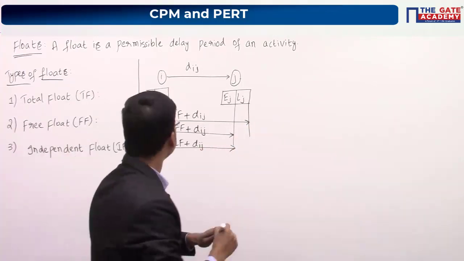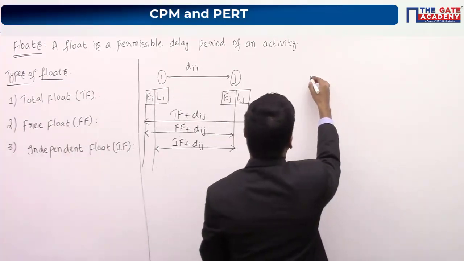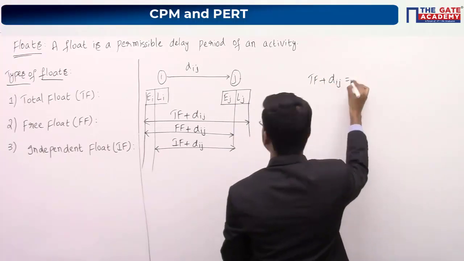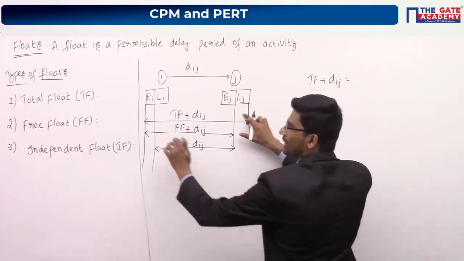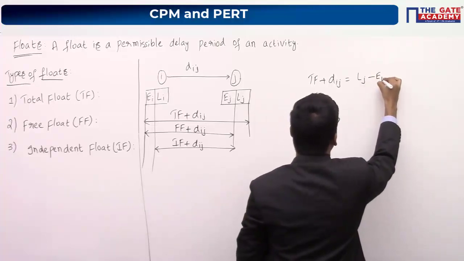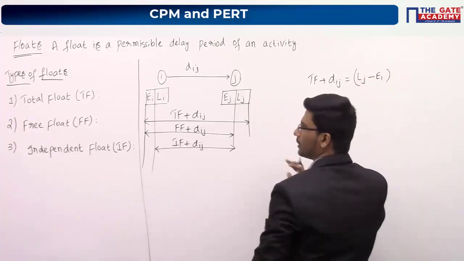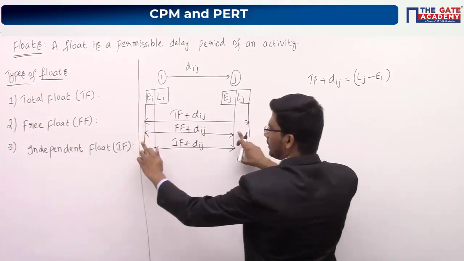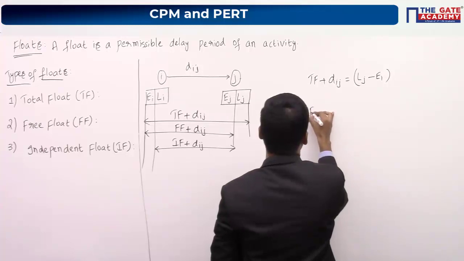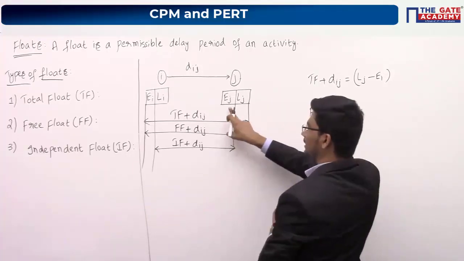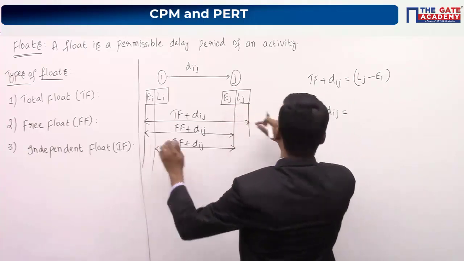Now I am writing the values. Total float plus Dij is equal to Lj minus Ei. Free float plus Dij will be Ej minus Ei.